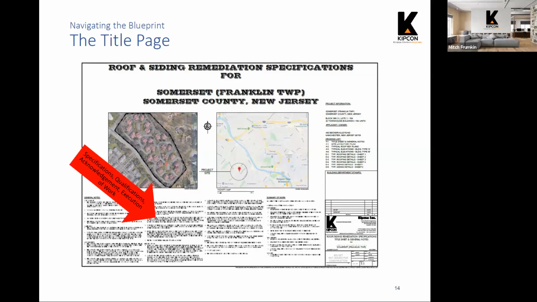It might be, in the case of, say, masonry work, that they need to be a mason who's licensed in the state of New Jersey with an active license at the time that they do the work. Or, you know, for different types of projects, it may give specifics on what the qualifications of that contractor need to be and what kind of licenses they need to have in place to do the work.